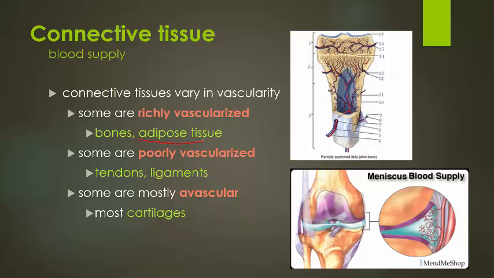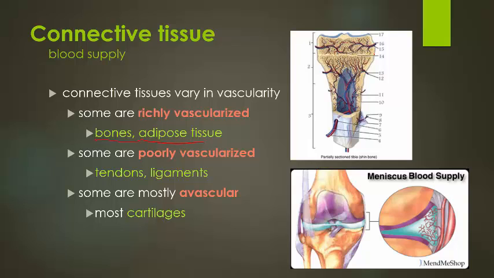Adipose tissue is one of those, because we've got to bring the nutrients or those fats to the adipose tissue cells. Bones are another one that is very richly vascularized. And so here's a slice of the bone showing how the blood vessels branch and branch repeatedly within bone to bring nutrients up close to those bone cells.